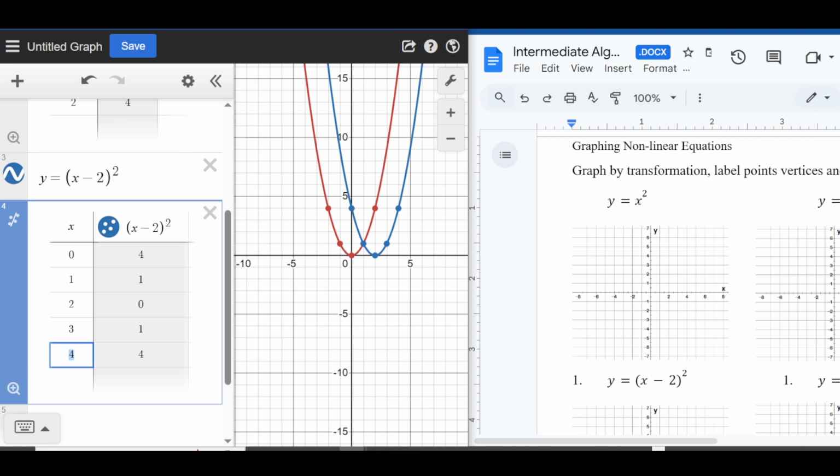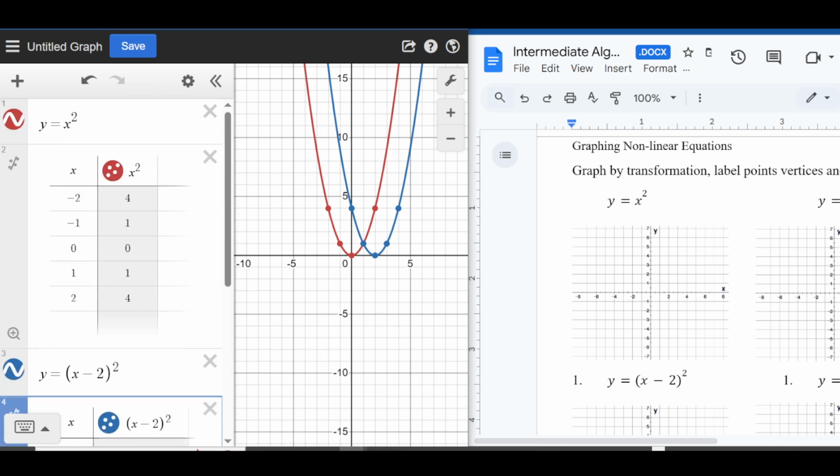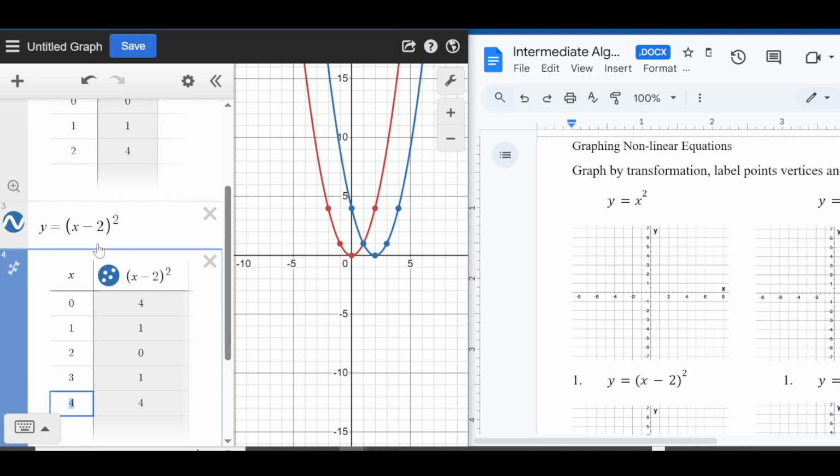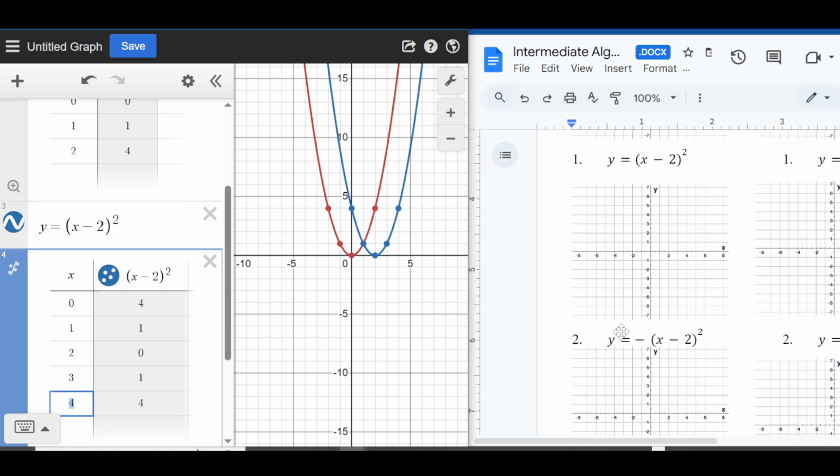So with these points, 0, 4, 1, 1, 2, 0, 3, 1, 4, 4, in this equation now, we get our new graph. So you're just shifting the old one over 2 times. So we're taking the red graph and shifting it over 2 times to the right to get the blue graph. That is what we call a transformation using parameter B.